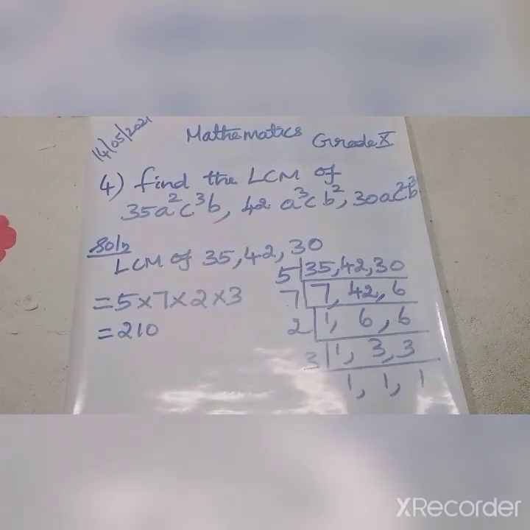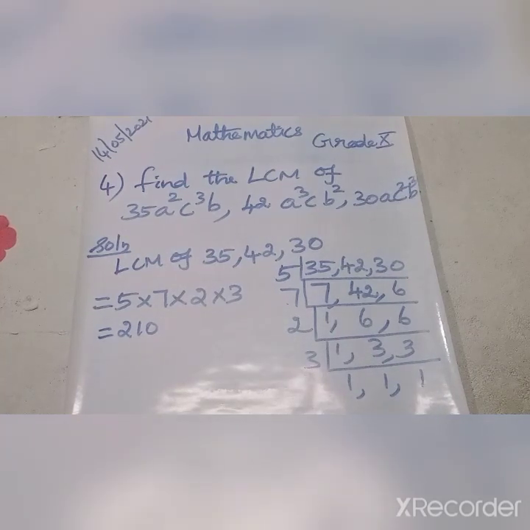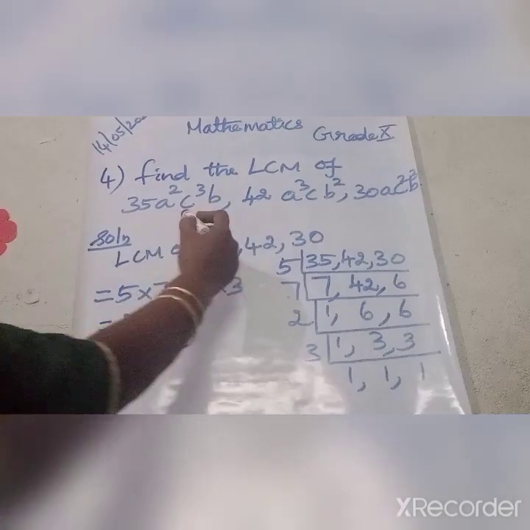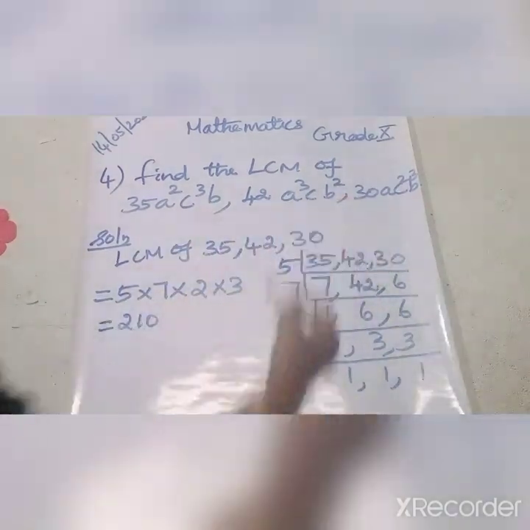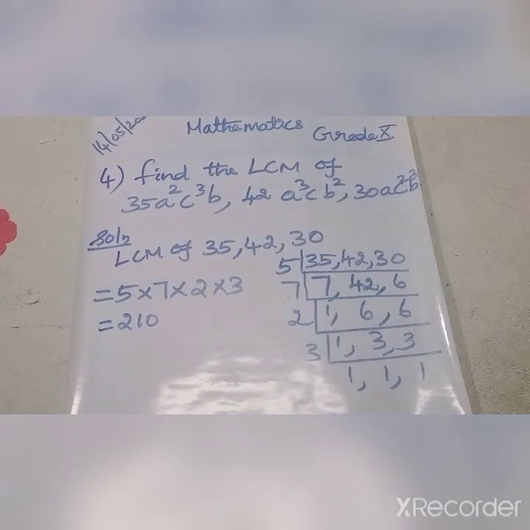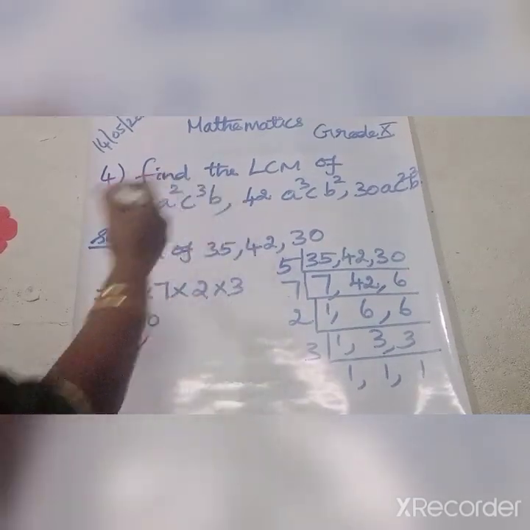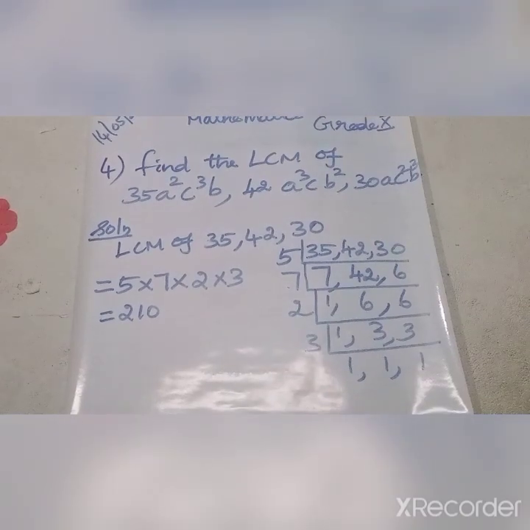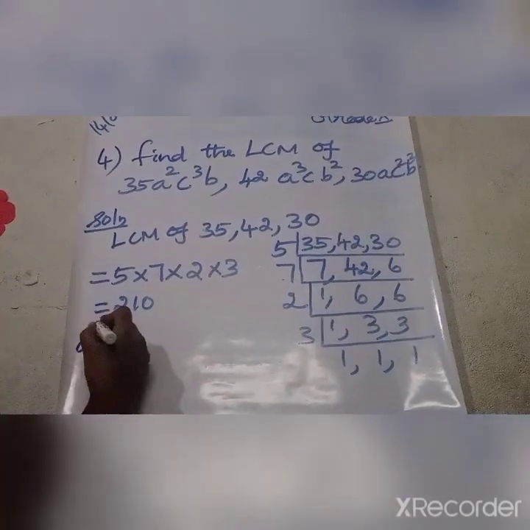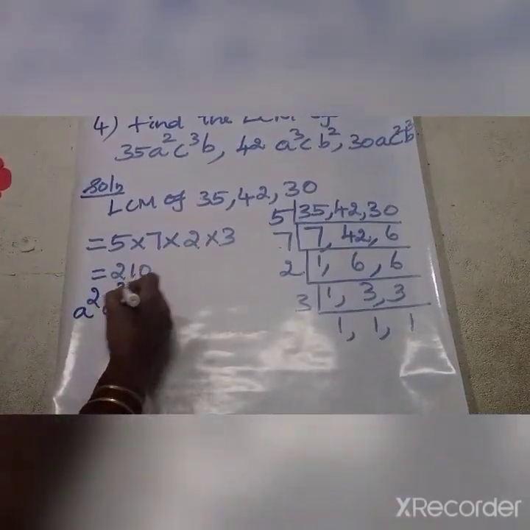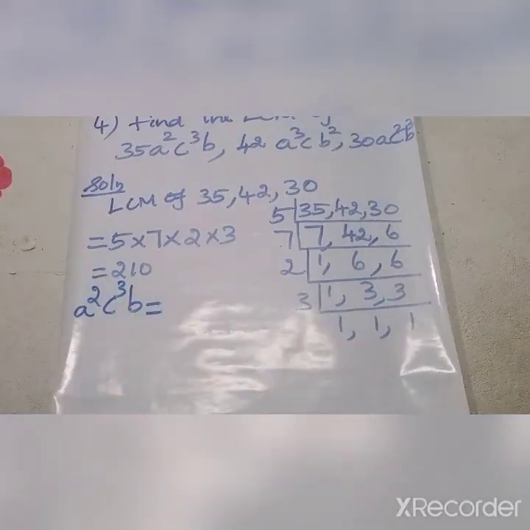We have 3 expressions. Now we have to find the LCM of the variable terms. Let us write them one by one. First, a square c cube b, as it is.